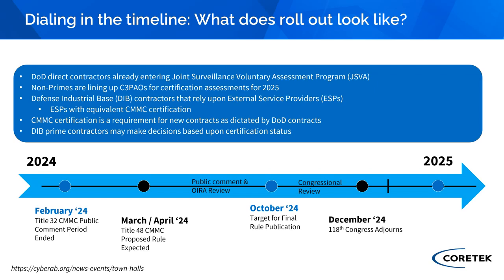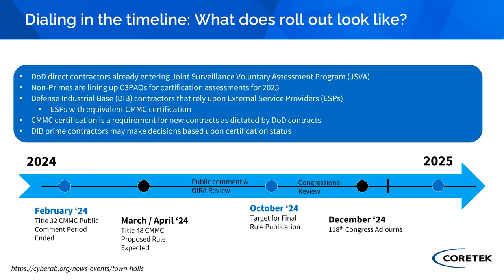There's a lot that goes into getting something like CMMC instituted by the DoD within the federal government and then adopted by the defense industrial base. We know, based on what we're seeing and how things are progressing, that it will be going live in 25.